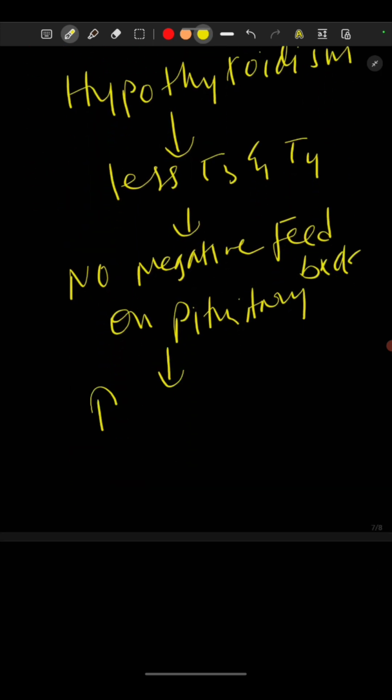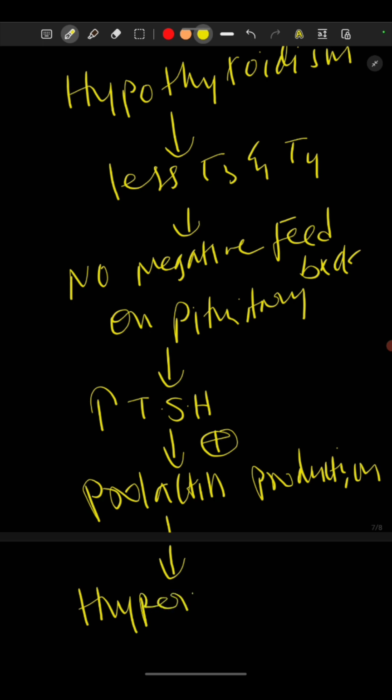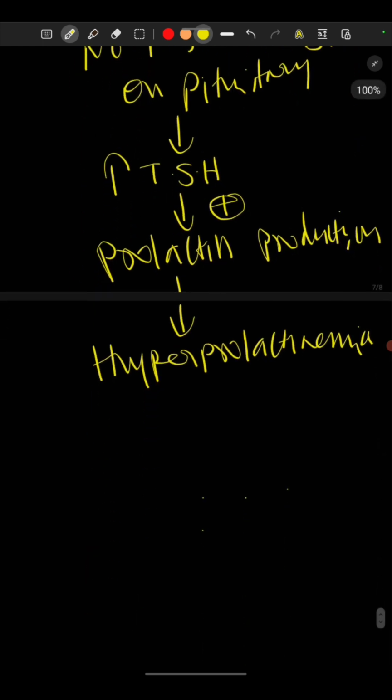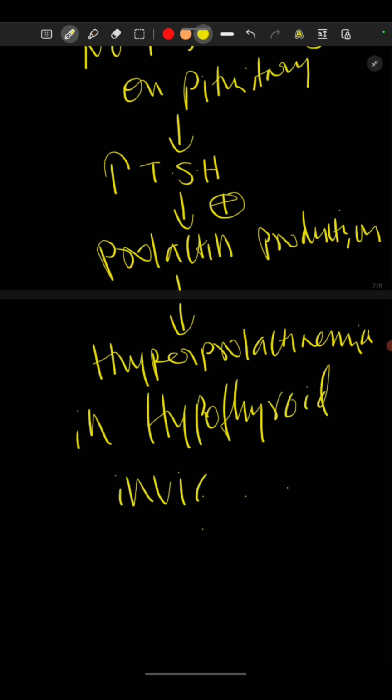This causes increased production of thyroid stimulating hormone, which further stimulates prolactin production, causing hyperprolactinemia in hypothyroid individuals.